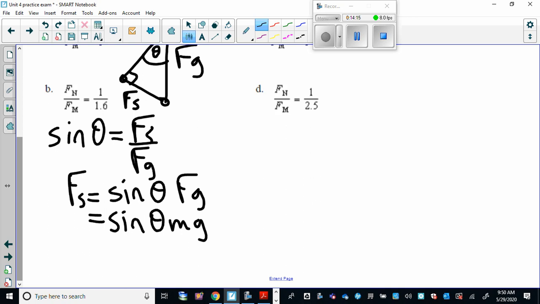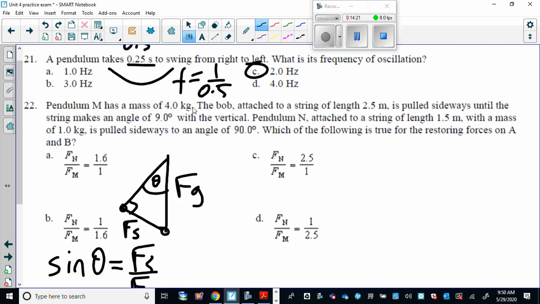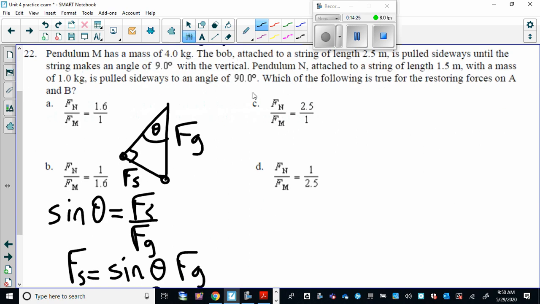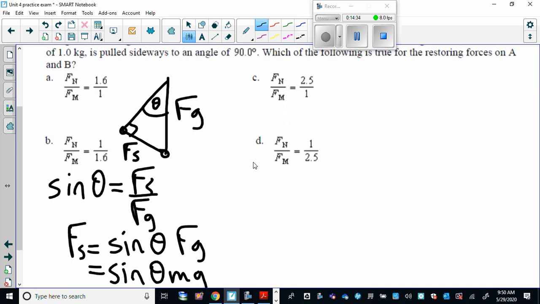So that's what you need for each of the forces, and you're just going to plug the numbers in. The length of the string is irrelevant. All we need is the mass and the angle. So M is 4 with 9 degrees.